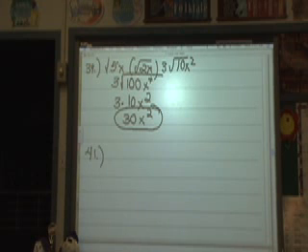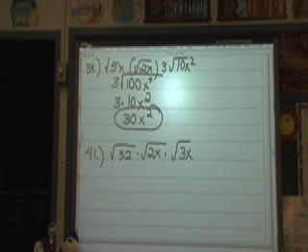41, the square root of 32 times 2, square root of 2x times the square root of 3x. That's going to be 2 times 32 is 64, right? Times 3.